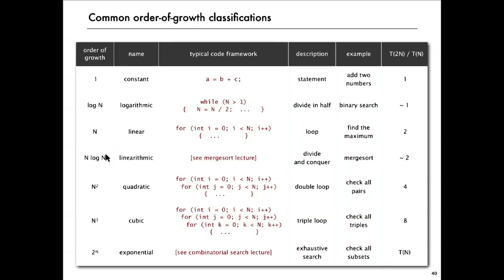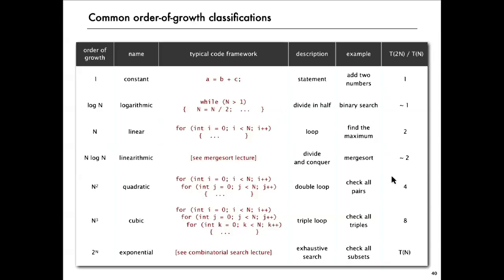A very interesting category is the so-called n log n algorithms, or linearithmic algorithms. Those arise from a particular algorithm design technique called divide and conquer, and the merge sort algorithm, which we'll talk about in a couple of weeks, is a prime example of that. If you have double for loops, like our two-sum algorithm, that's going to be time proportional to n squared, as we saw. That's quadratic. Or a triple for loop, like our three-sum algorithm, is going to be cubic, or time proportional to n cubed.